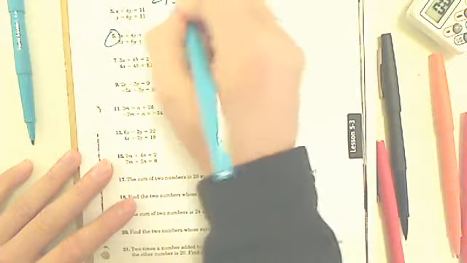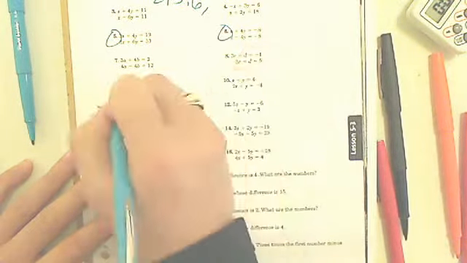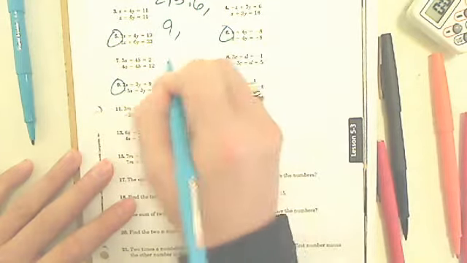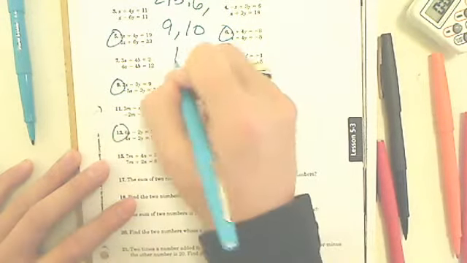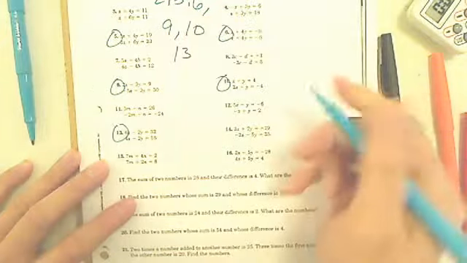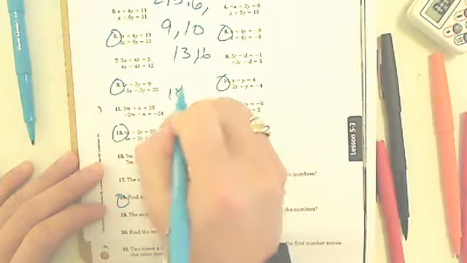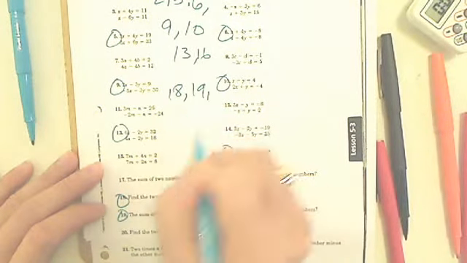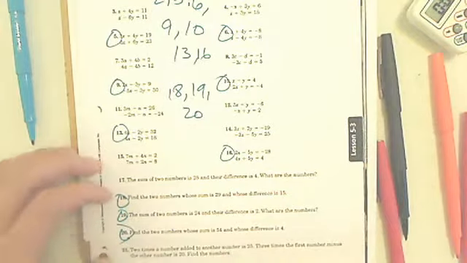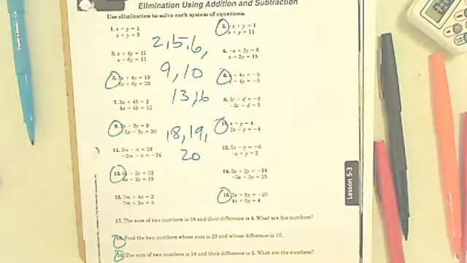Number 2, 5, 6, 9, 10, 13, 16, 18, 19, and 20. Okay. 10 problems. 10 problems elimination on addition subtraction. This should take you no more than 30 minutes, if that much.